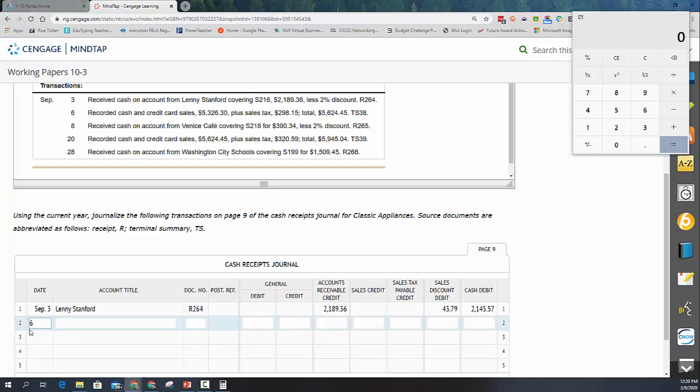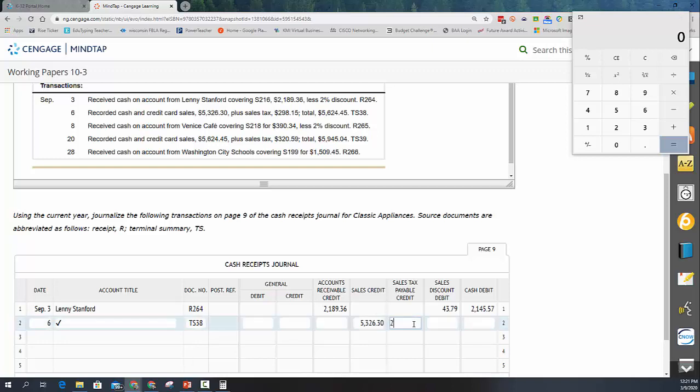On the 6th, we have cash and credit card sales. From the drop-down menu, you're going to use your check mark, and then we're going to go ahead and put in TS38. Post reference, I should be able to put a check mark, but they don't have it for this part of the assignment. I'm going to put in sales of $5,326.30.